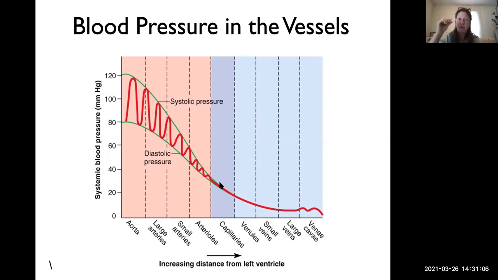So if you were a little scuba diver and we put you in the jugular vein and asked you to swim all the way down to the feet, you would find that the pressure was increasing steadily as you moved downwards. This is why when we measure blood pressure, we look for the pressure in the brachial artery, because it's at the same level as the heart.